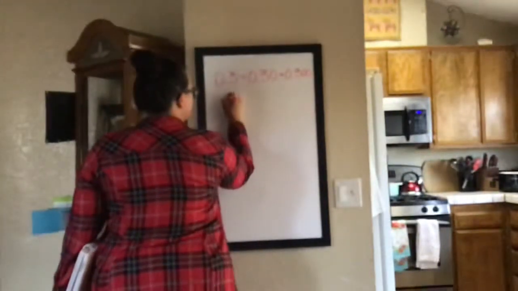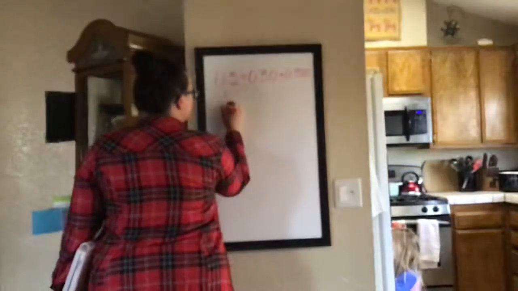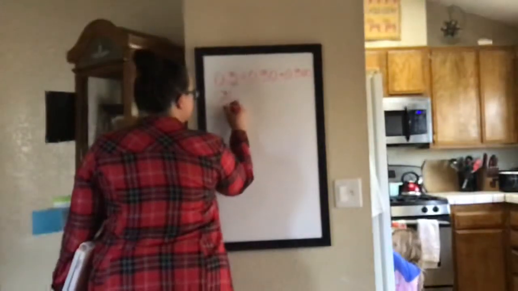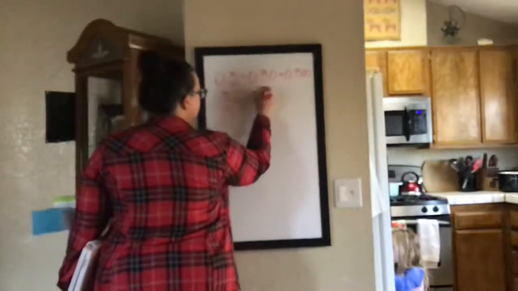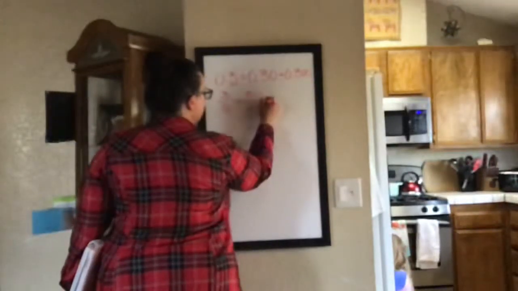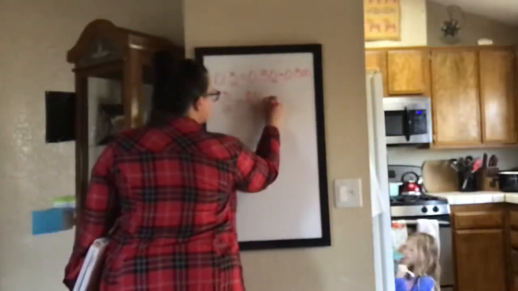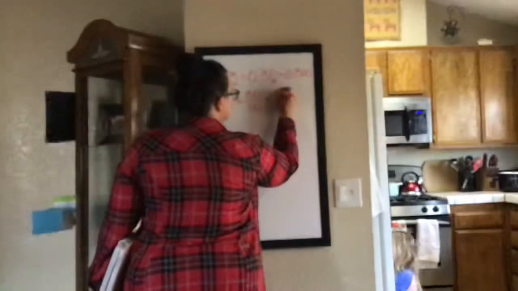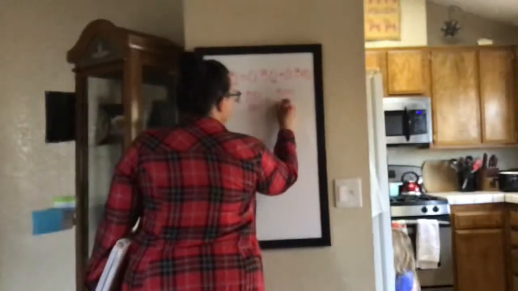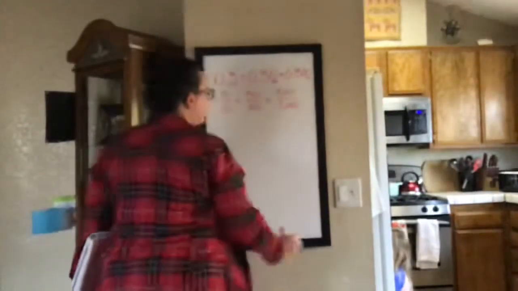But when we write them in fraction, this 3 is in the tenths spot. Now it's 30, in the hundredths spot. Now it's 300, and we're in the thousandths spot, okay?